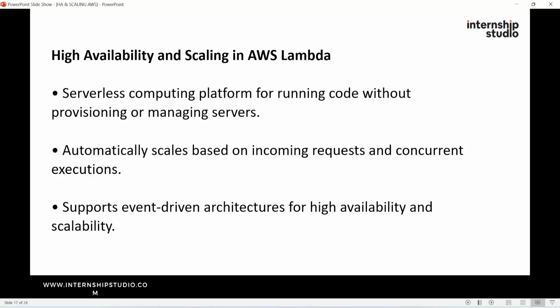For example, if a Lambda function is configured to process S3 events and there are simultaneous uploads of multiple objects to the S3 bucket, the function may experience concurrent executions. Each execution handles a specific event independently, allowing the function to scale horizontally to manage the workload efficiently. It also supports event-driven architectures for high availability and scalability.